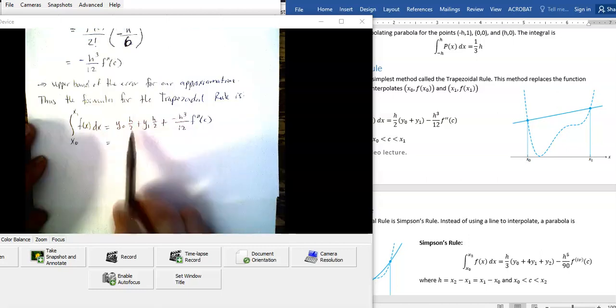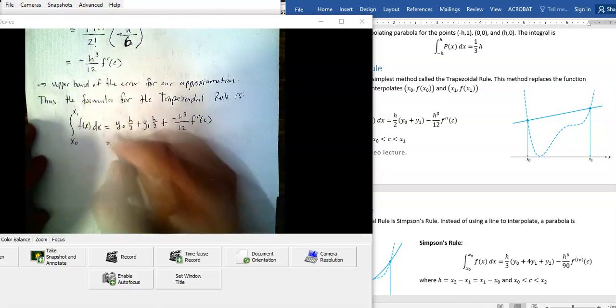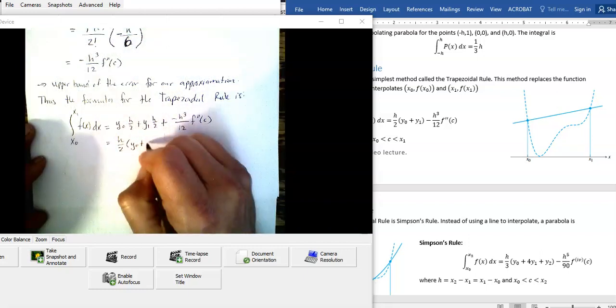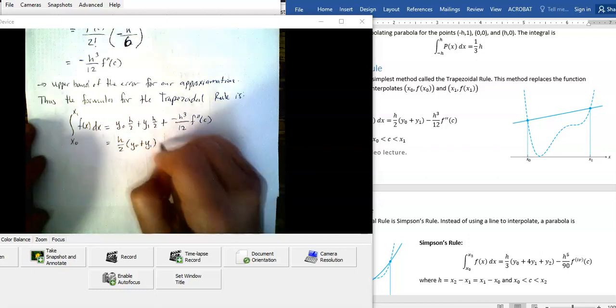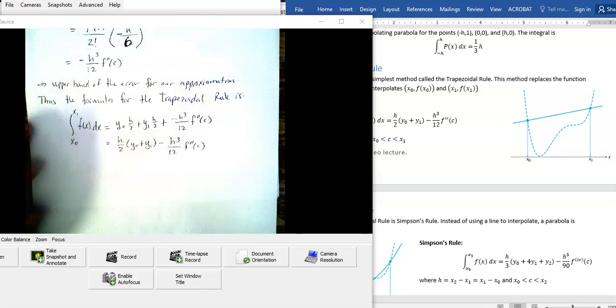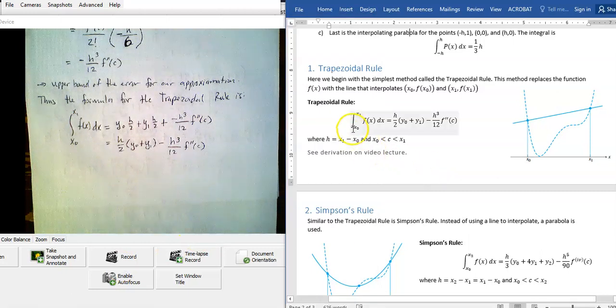We can get this in a more compact form because we have the common factor h over 2: h over 2 times (y0 plus y1) minus our error. That gives us exactly what we have here. We'll be using this in just a minute.